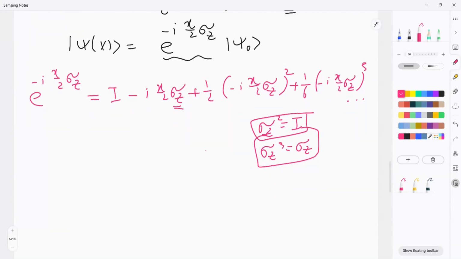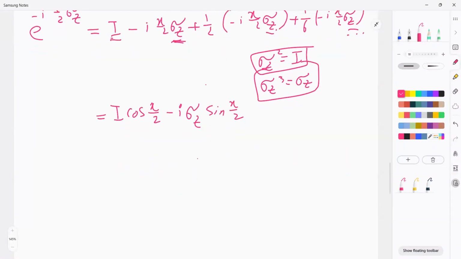So all of these terms are only terms with identity, and terms with sigma z. If you combine the coefficients of identity, they add up to cosine x by 2, and if I combine the terms with sigma z, they add up to sine of x by 2. If you write its matrix form, identity is 1, 0, 0, 1, cosine x by 2 minus iota sine x by 2 times sigma z, which is 1, 0, 0, minus 1.